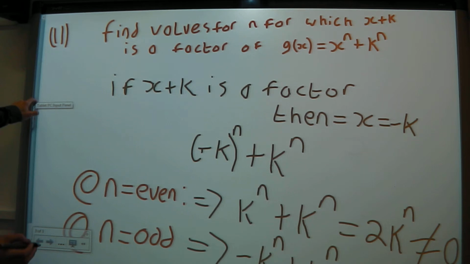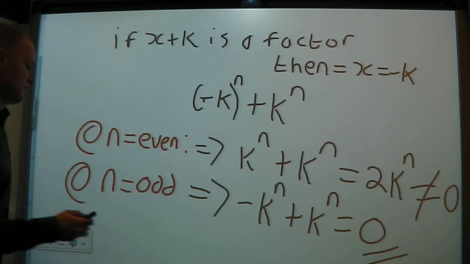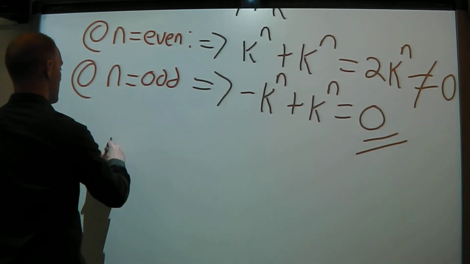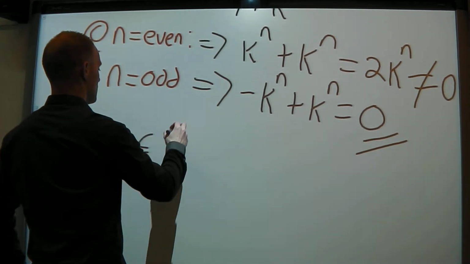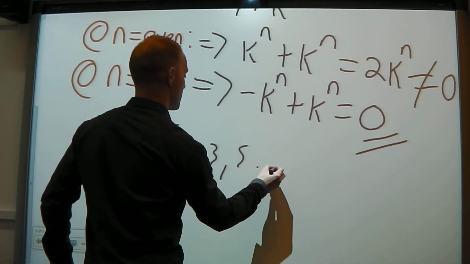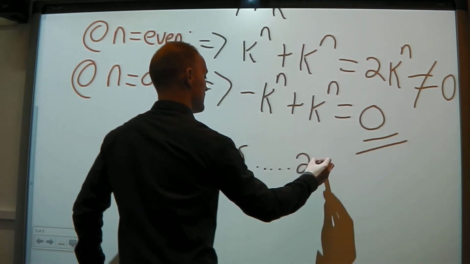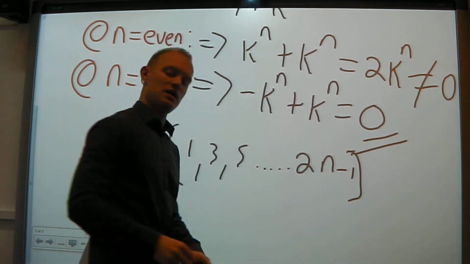So we're asked to find values for n which satisfy that. So n would be an element of 1, 3, 5, all the way up to 2n minus 1, and that satisfies the equation.